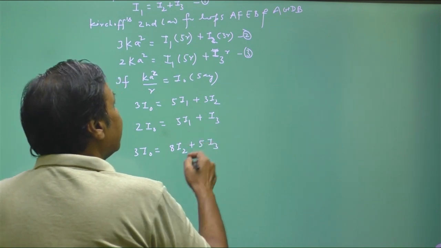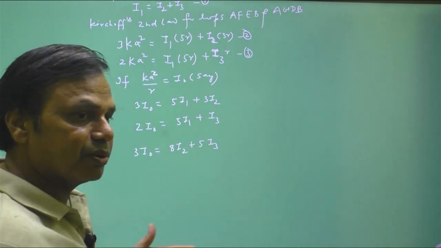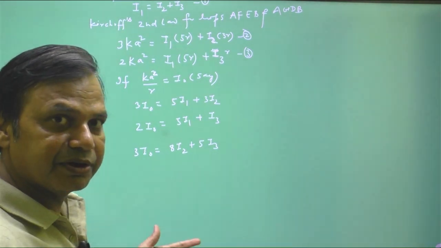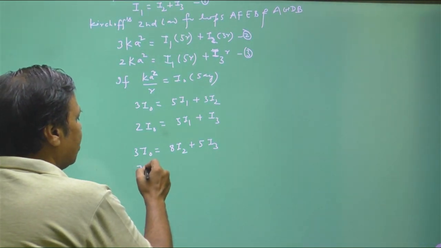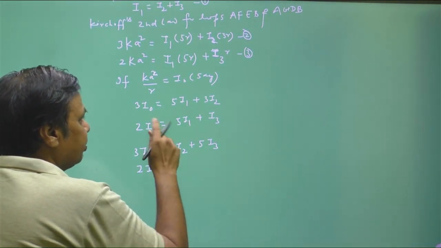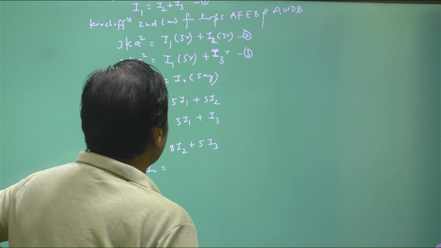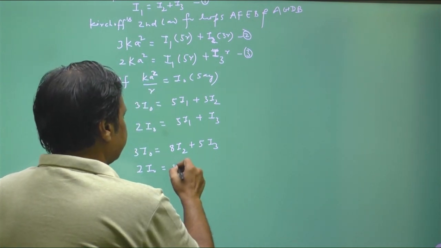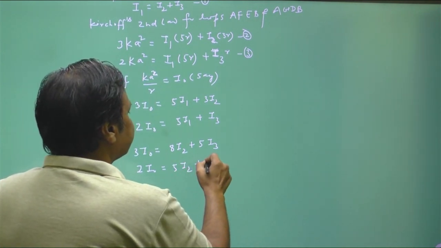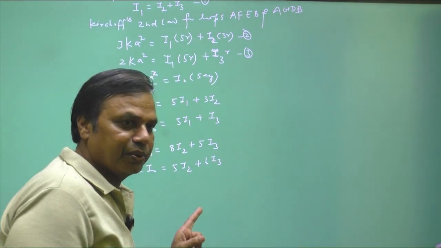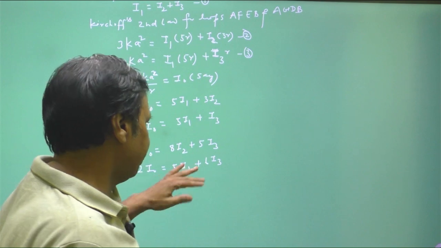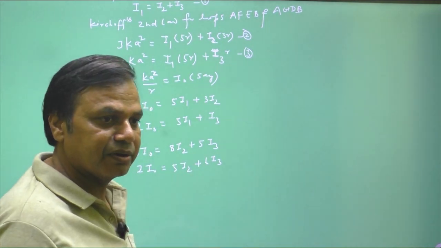I just placed I1 equals I2 plus I3 in these equations, and 2 I naught will be 5 I2 plus 6 I3, and now you can find I2 and I3 easily.